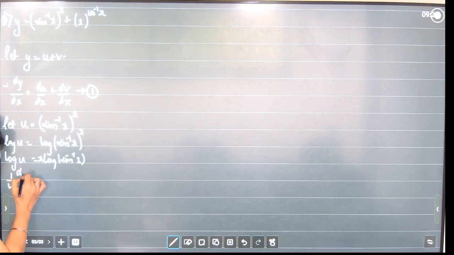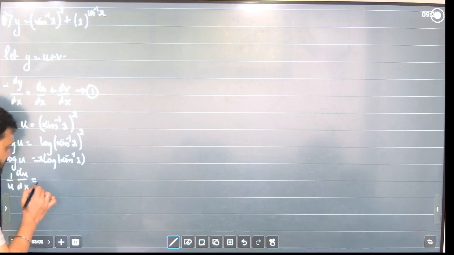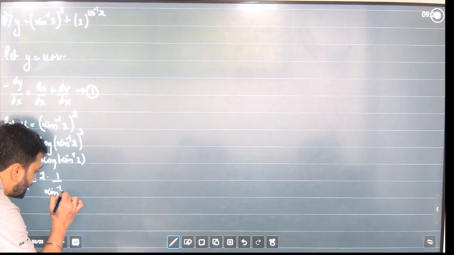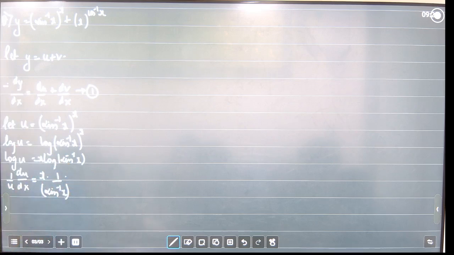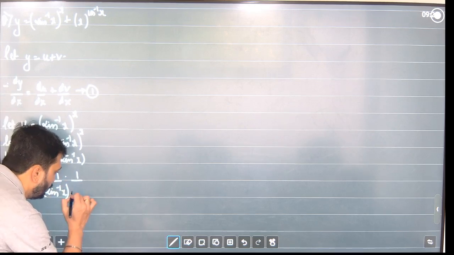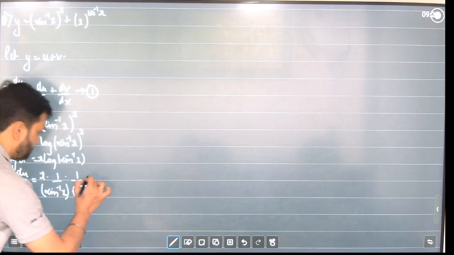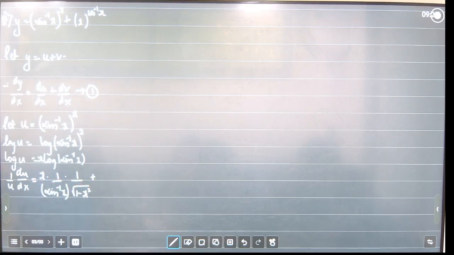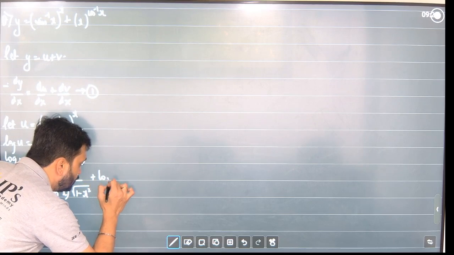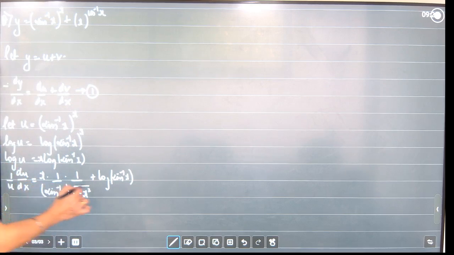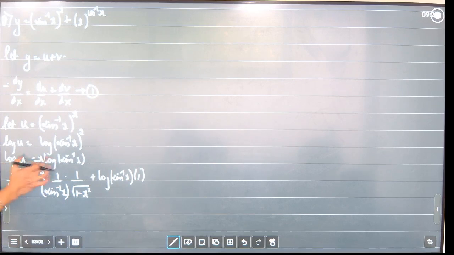So 1 upon u du by dx is equal to x into 1 upon sine inverse x into the derivative of sine inverse x, which is 1 upon under root of 1 minus x square, plus log of sine inverse x into 1, because this is product rule, u derivative of v plus v derivative of u.